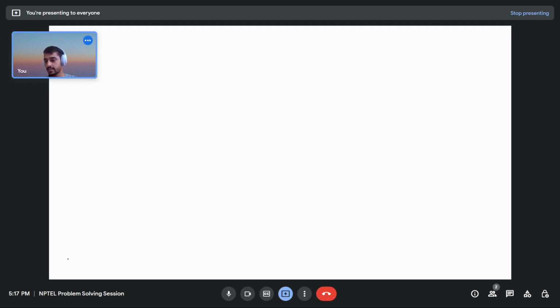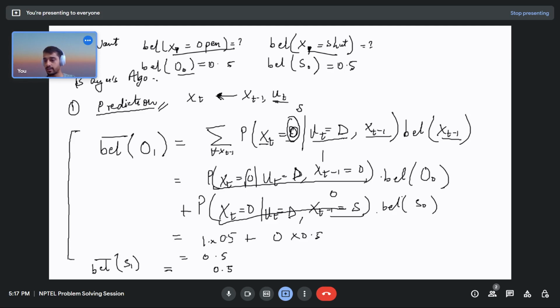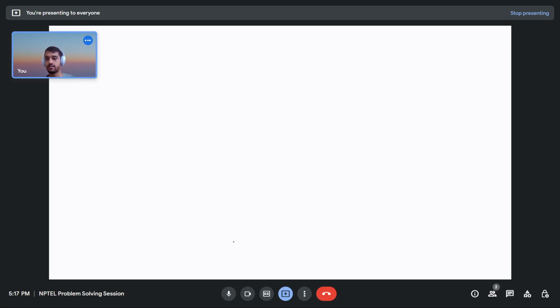So this is your prediction step. Given the model, you are predicting the probability that at the next step the state will be either O or S. But again, we have sensors. So I will write the updated beliefs here.